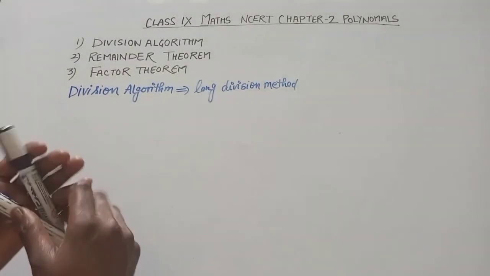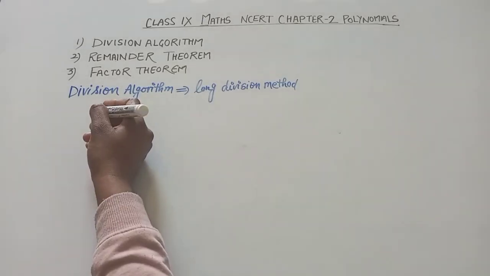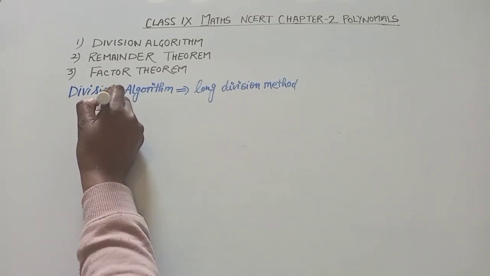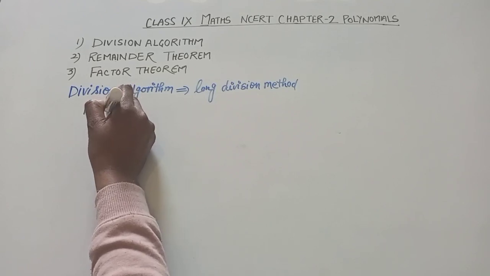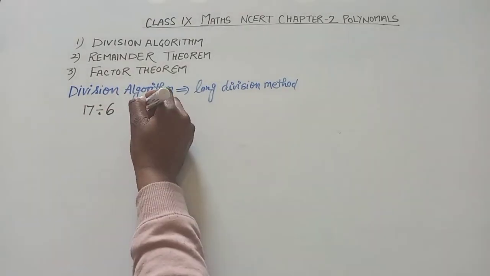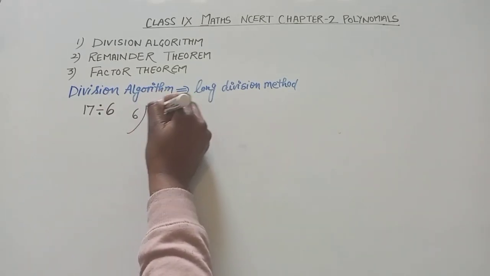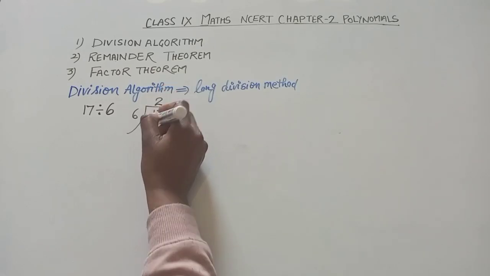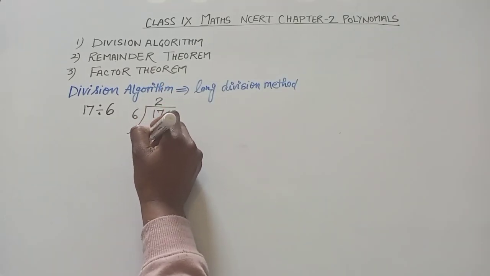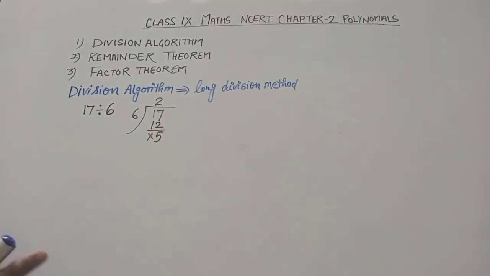We'll take an example: 17 divided by 6. By the long division method, when 6 divides 17, 6 twos are 12, the remainder is 5. So what is division algorithm?